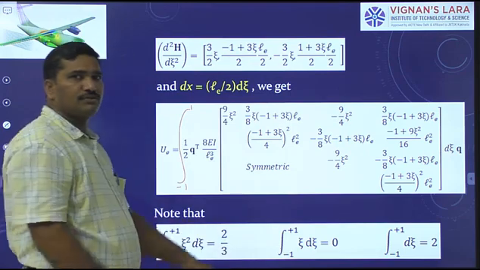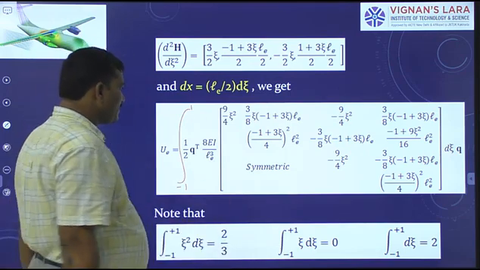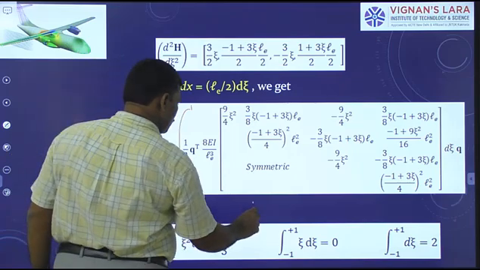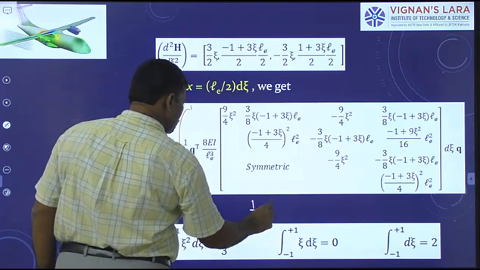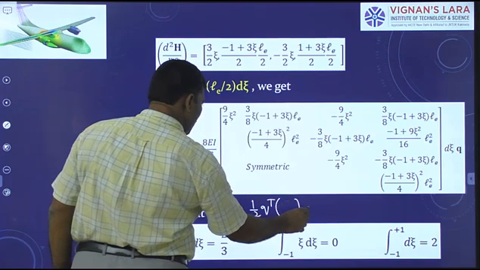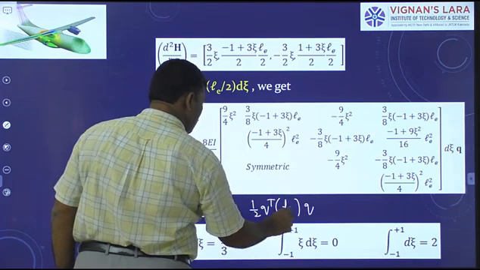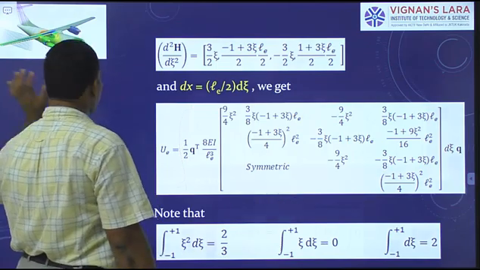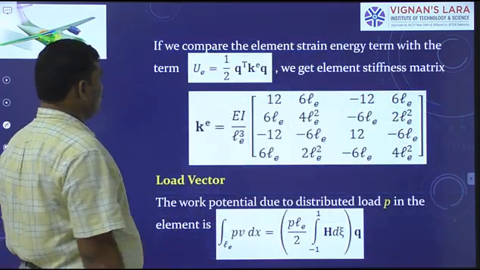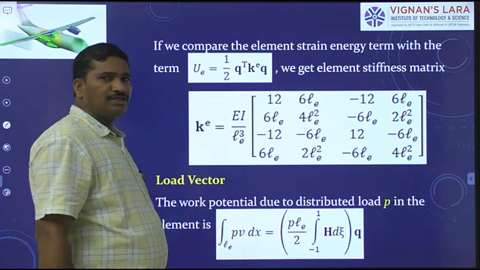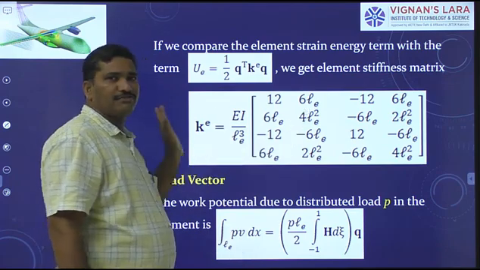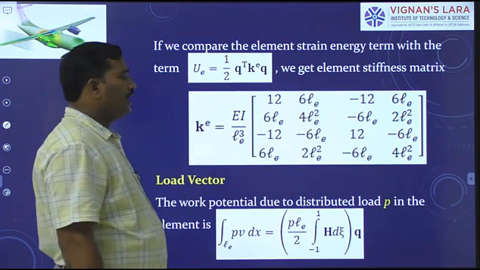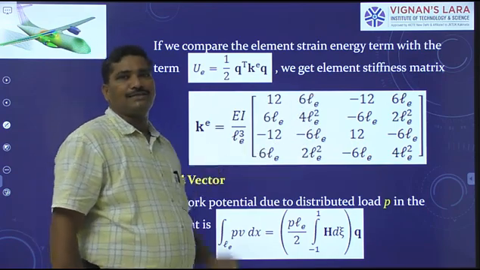Substitute. Right? Then compare, as I said, with the form 1 by 2 Q transpose into some bracketed term into Q. This bracketed term is called the element stiffness matrix. That you see here. This is the element stiffness matrix, which is a square matrix and a symmetric matrix.